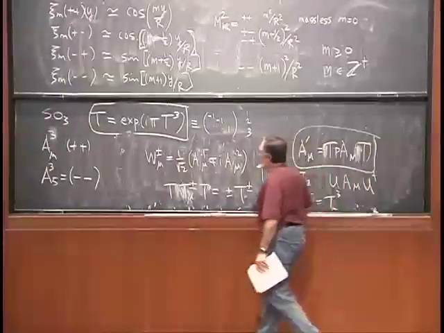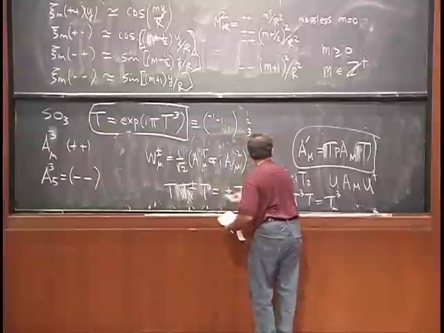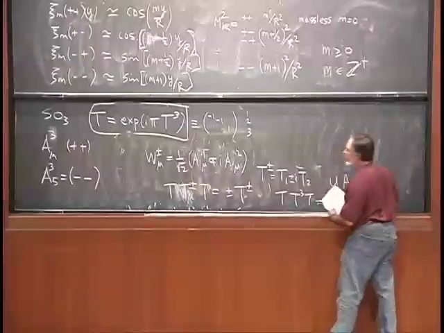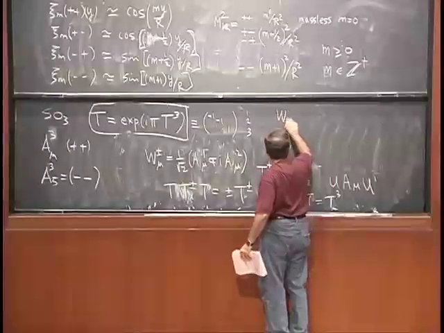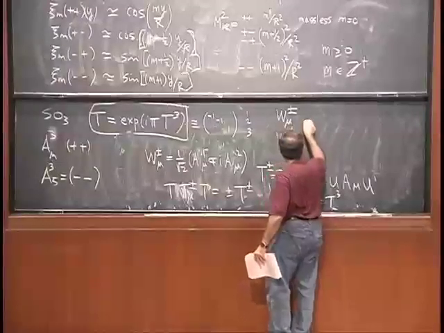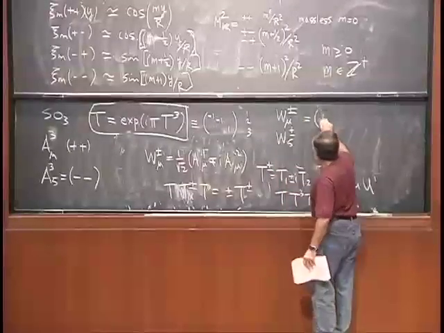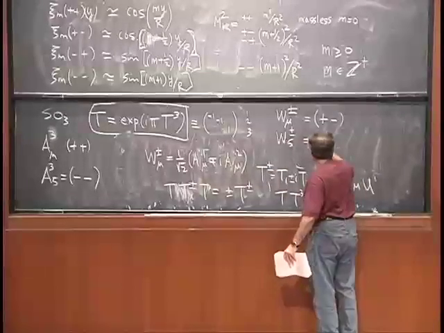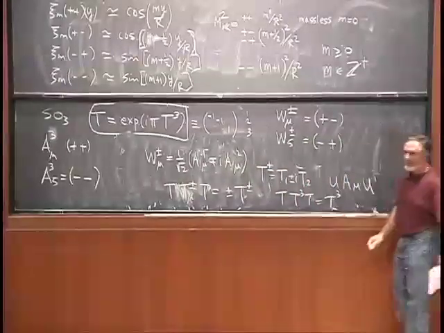However, if you look at W mu plus or minus, or W5 plus or minus, you'll find out that these have parity plus and minus, and this has parity minus and plus.